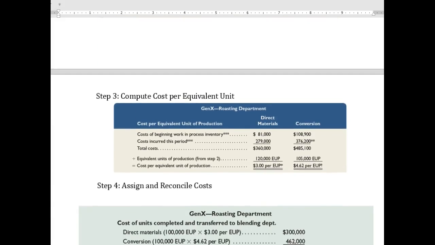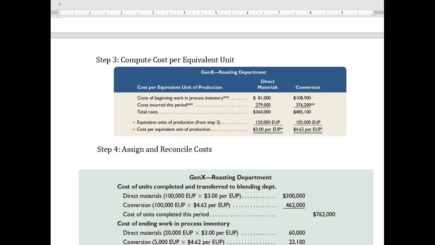Now the fun begins. I'm going to match these with the costs. My beginning inventory was 100% direct materials, 81,000. My conversion was 108,900. I'm going to add to that the cost we incurred.